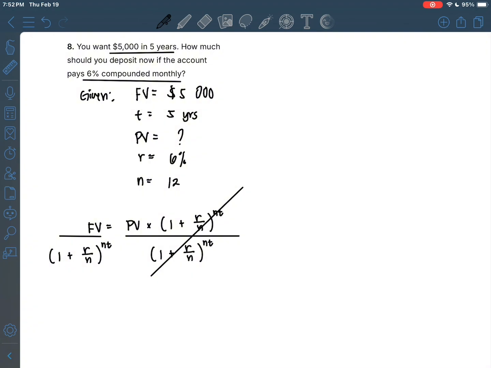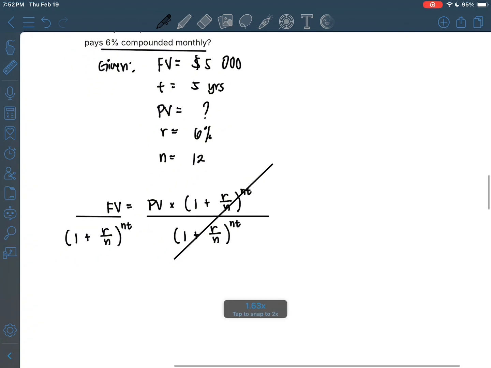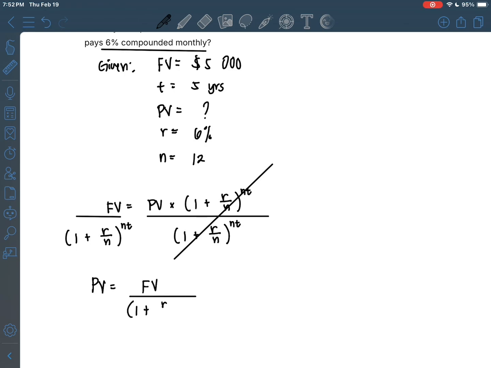We're only left with PV is equal to FV over (1 plus R over N) raised to NT. So our FV in the problem is $5,000 over (1 plus the R in decimal, 0.06, over N, which is 12), raised to 12 multiplied by the time, which is 5.